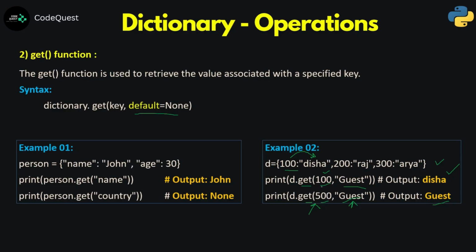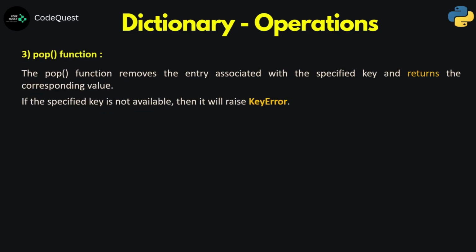But if the key exists, its corresponding value will be displayed. Because 100 is already available as a key, its corresponding existing value is displayed here. Whereas 500 as a key is not available in the given dictionary, hence I am getting the default value as the output.